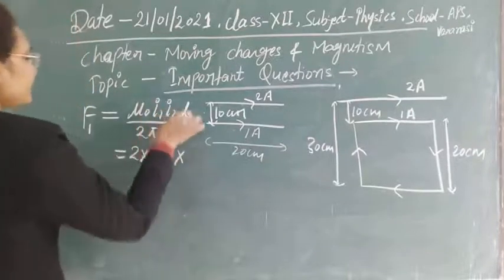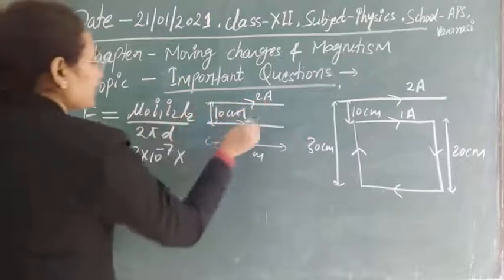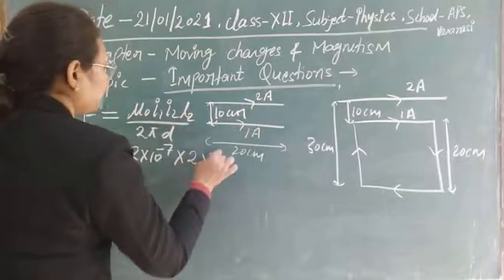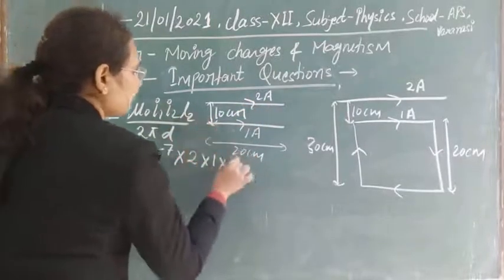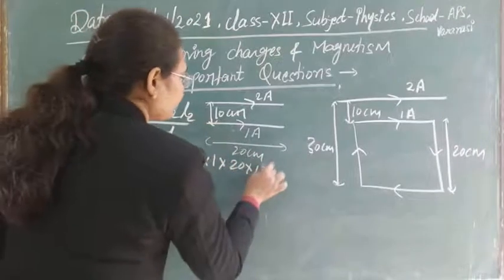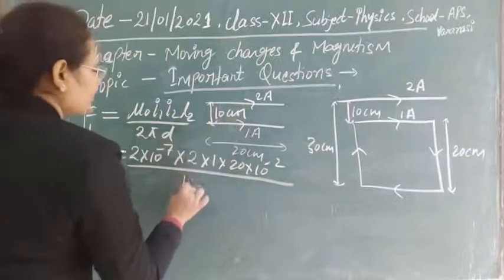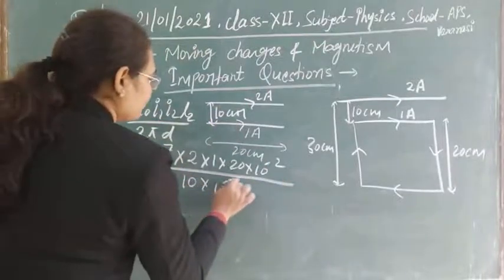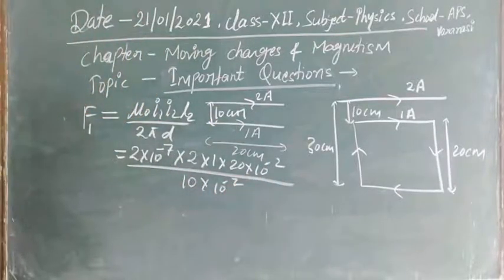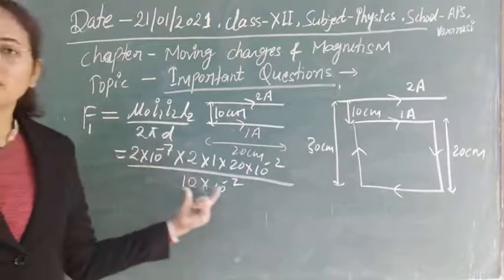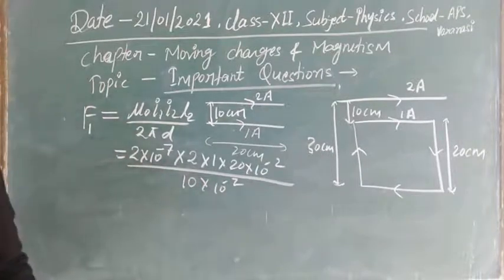Here I1 is 2 ampere, I2 is 1 ampere, and length is 20 centimeter, so convert it into meter. After that put the value of D, which is 10 centimeter, convert it, and now just solve it. This will provide the required value of the force.